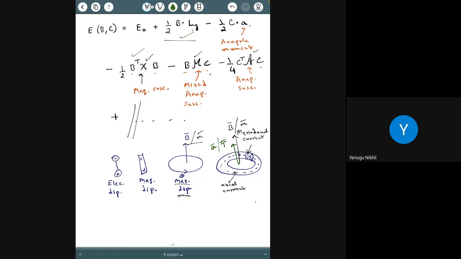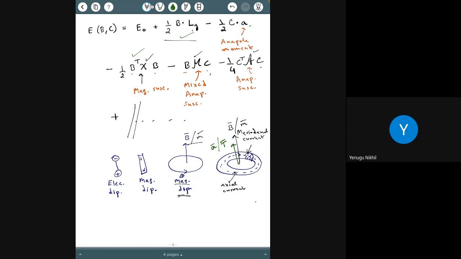Those are the nuclear anapole moments, which are the source of CP violation in a way. So people started studying nuclear anapole moments quite a lot, and the research has been growing over time.